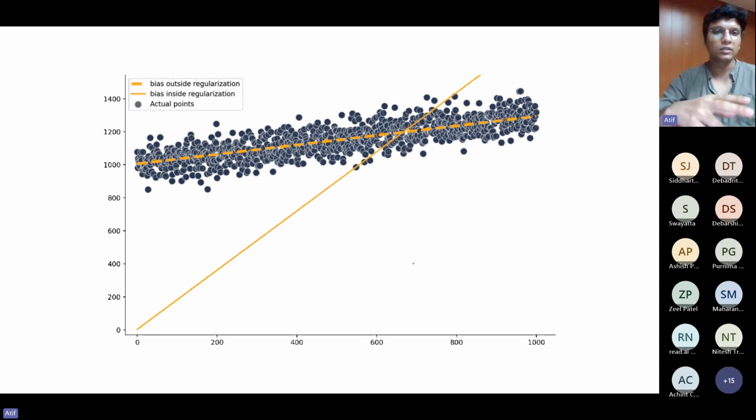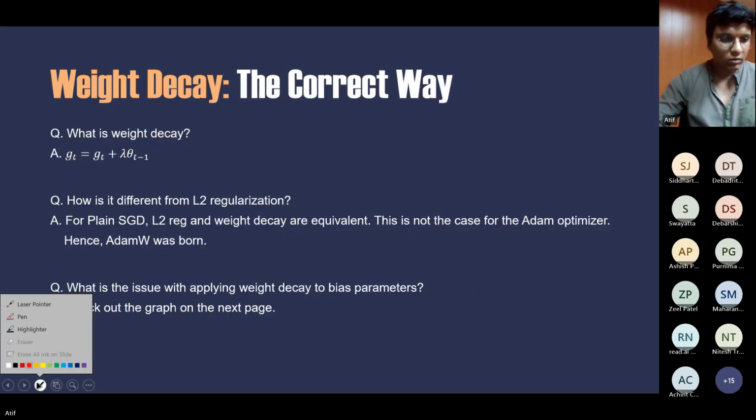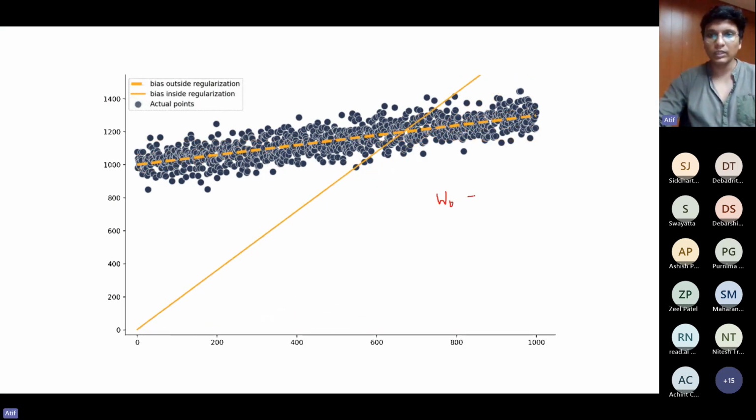So what is happening is this dashed line is the bias without regularization. So the bias without regularization looks like this. Let's say you have w0 plus w1x. This is your output, your equation of a line. We call it y cap.